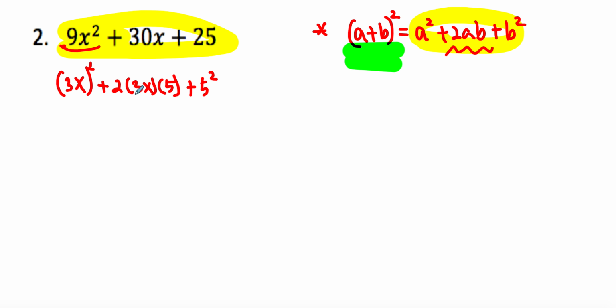Let's look at it. 3x times 2 becomes 6x. 6x times 5 is 30. It matches. So since I know that this is a perfect square expansion, I can simply rewrite this expression in this format: the first term, 3x, plus the last term, 5, squared.